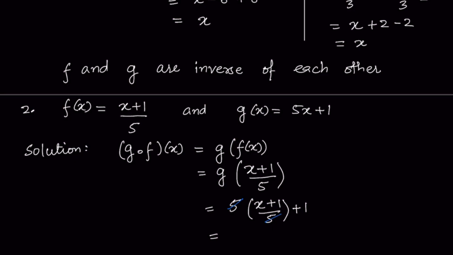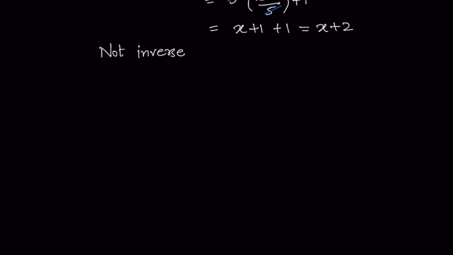And we got x plus 1 plus 1, which is x plus 2, not equal to x. So you will say f and g are not inverse of each other. So this is how we are going to check if two functions are inverse of each other.